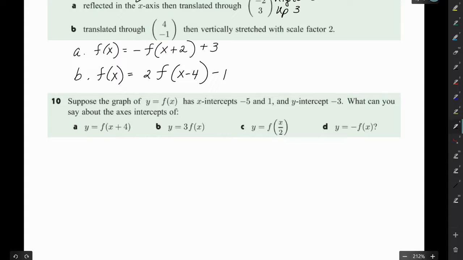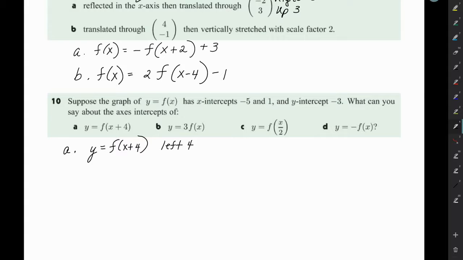All right, last one, number 10. Suppose the graph of y equals f of x has x-intercepts -5 and 1 and a y-intercept at -3. What can you say about the axes intercepts? For letter A, let's write this down. We have y equals f of x plus 4. Now we know that this function is going to go left 4.